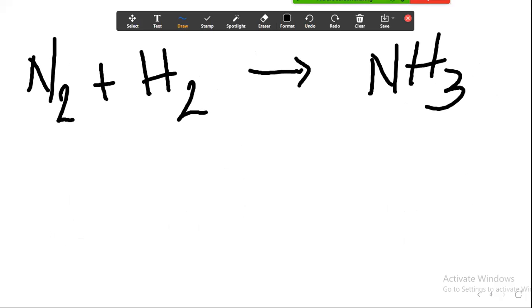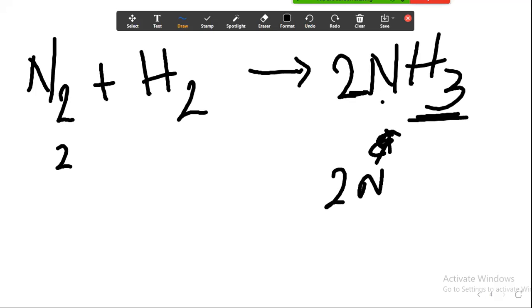How many nitrogen do we have here? Only 1. And how many nitrogen do we have here? 2. So obviously we have to make 2 nitrogens. If we make 2 ammonia on the right hand side, it means there are 2 nitrogen and there are already 3 hydrogens. So 2 times 3, that is 6 hydrogen.